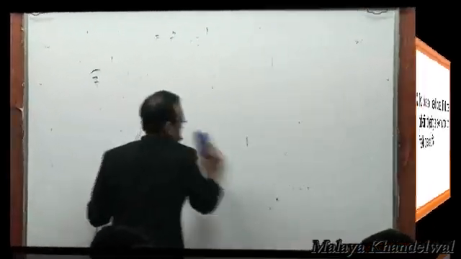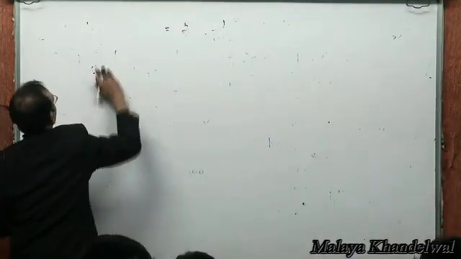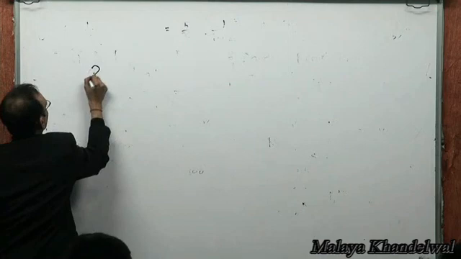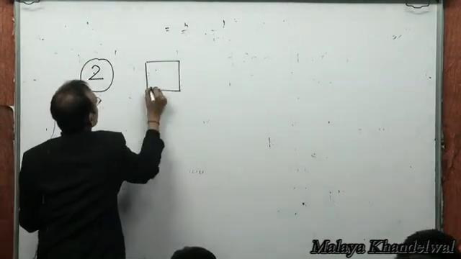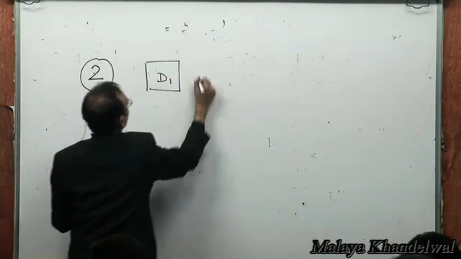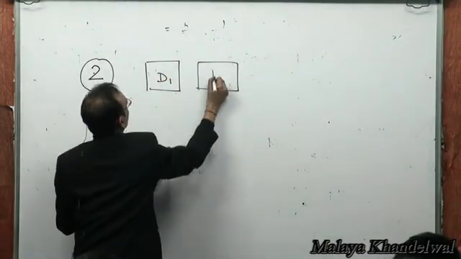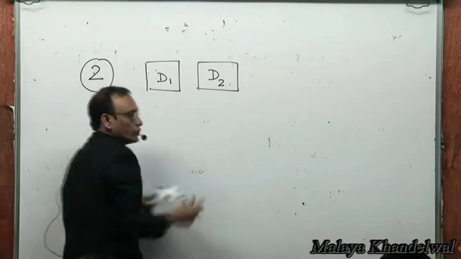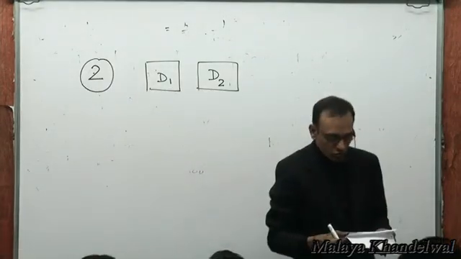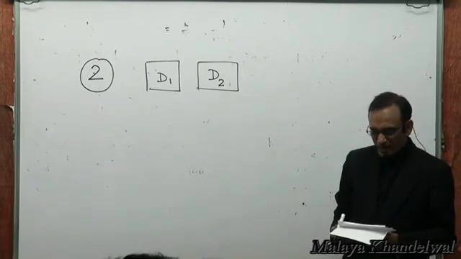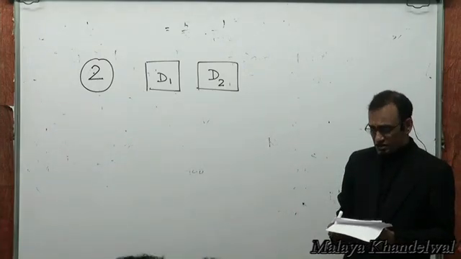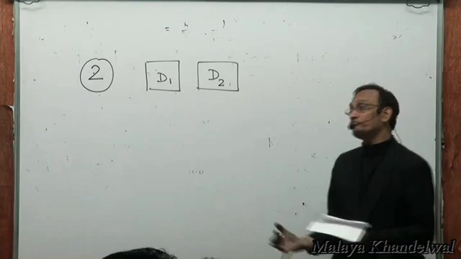Now look at number 2. Two dice, D1 and D2, are rolled. Find the probability of getting an even number on the first die or a total of 8.